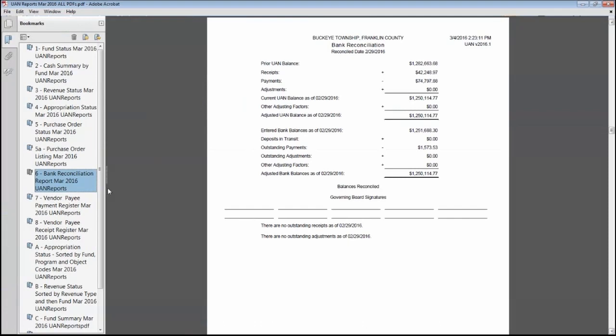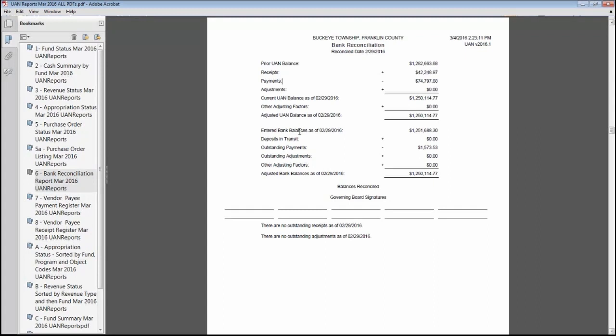And here I have my bank reconciliation report, and we can see those items as mentioned on the slides, which is I have my prior UAN balance, and receipts, payments and adjustments as noted within UAN, any other adjusting factors.